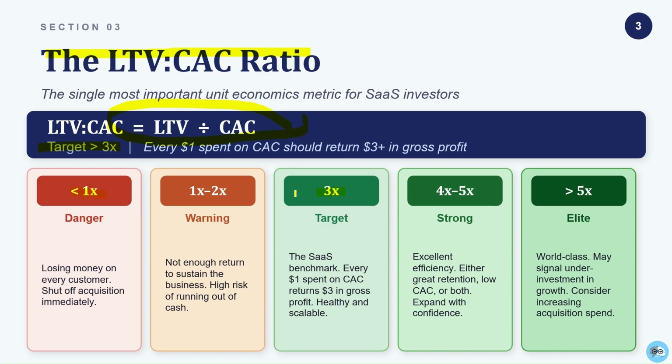It is a healthy and scalable benchmark. If your ratio is more than 4 and less than 5, you are in a strong position. You're doing good with your CAC, LTV, and everything, and you're good to grow more. If your LTV to CAC ratio is more than 5x, you are in the elite zone, which means you are a world class player and you're doing superbly in the market.